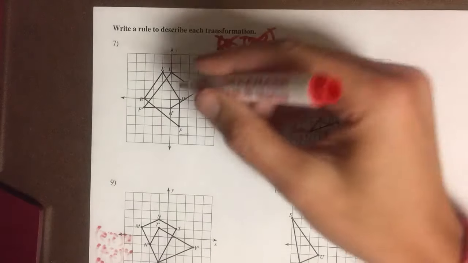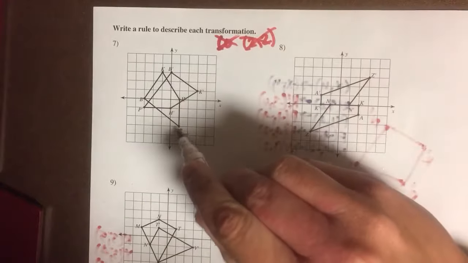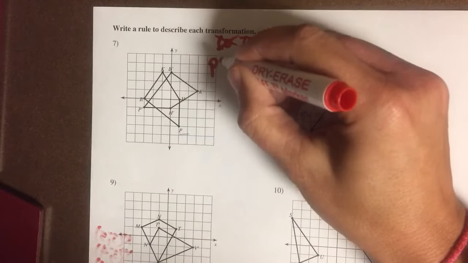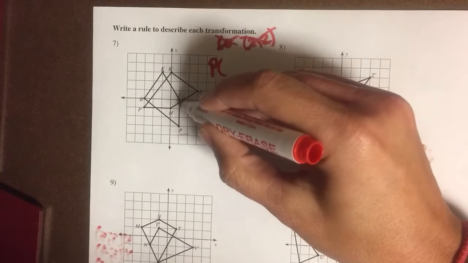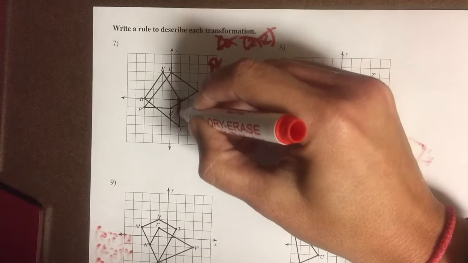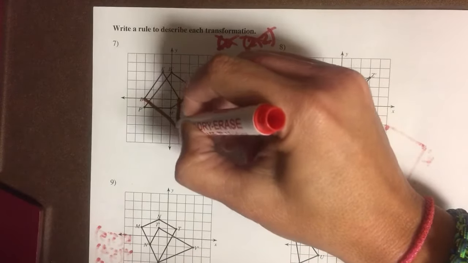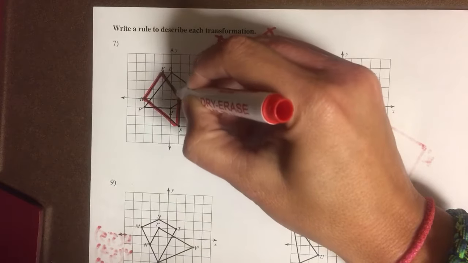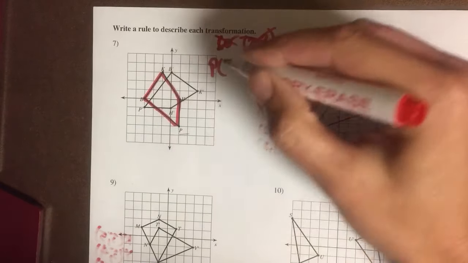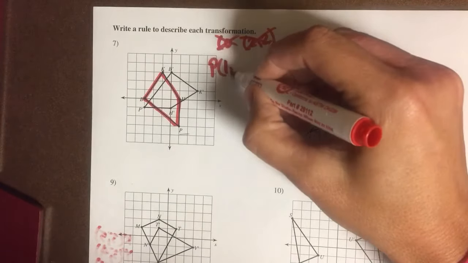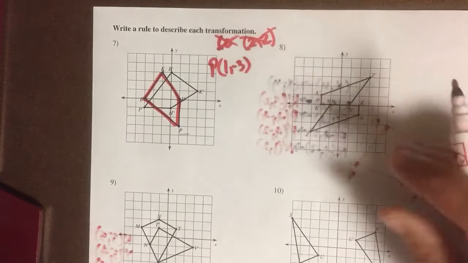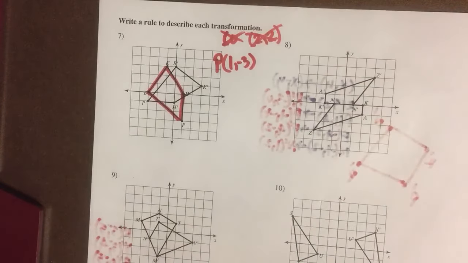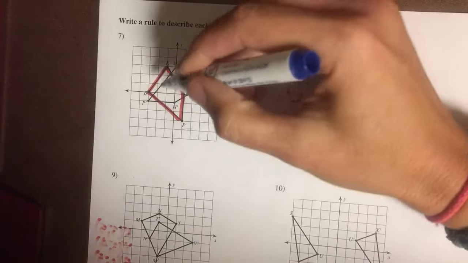So let's look at number 7. I'm going to pick point P. Point P is located here on the original, at 1, -3. After the original, I want to look at the image.